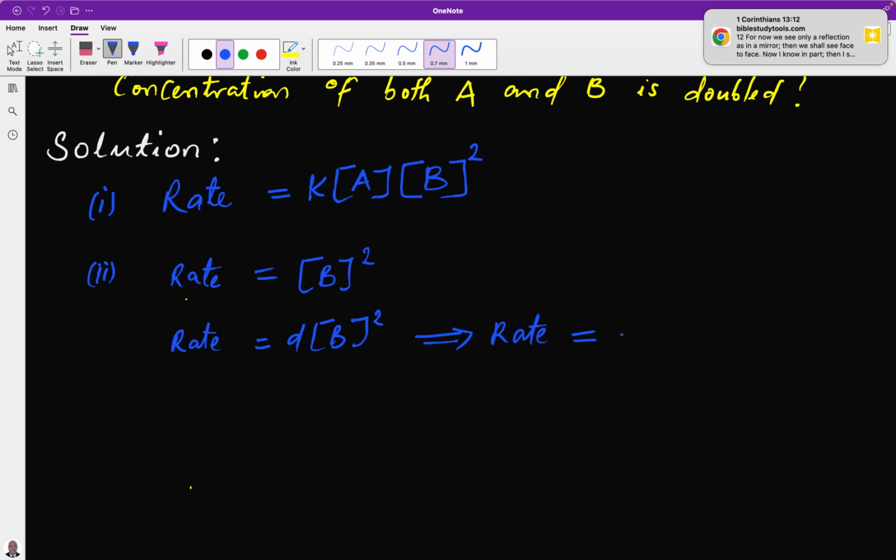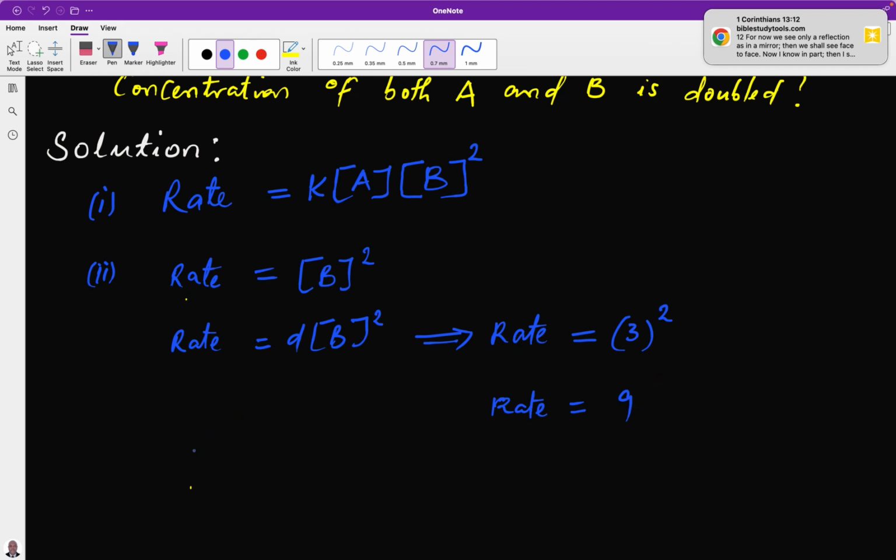If it is tripled, the rate will be 3, because it is the change in B, it is triple. The concentration is triple, so it will be 3 squared. The rate now will be equal to 9.